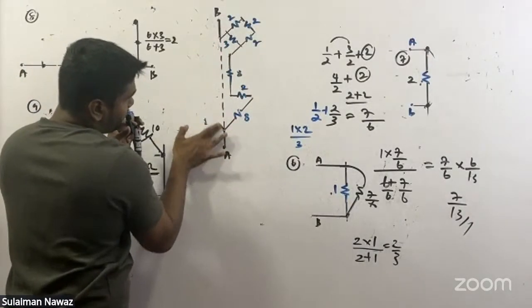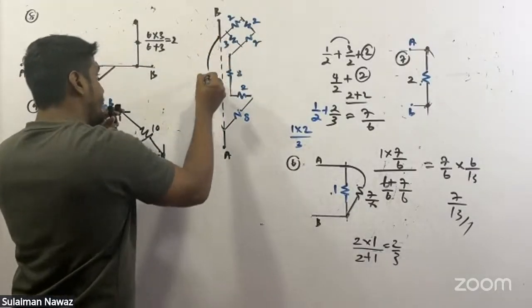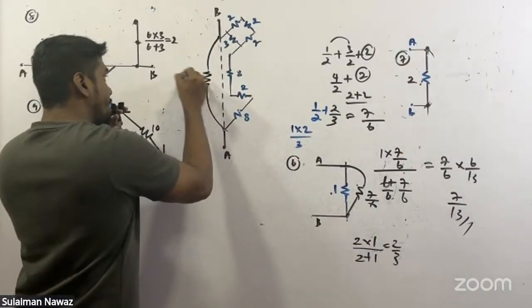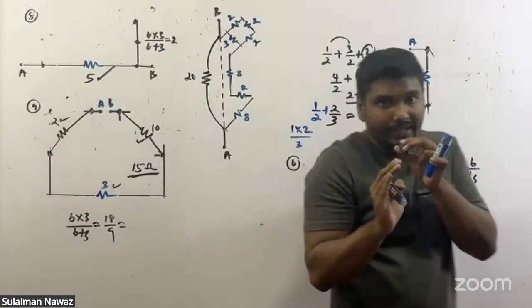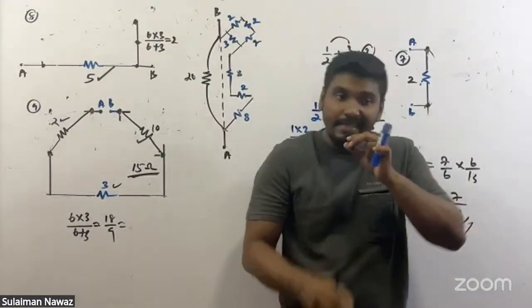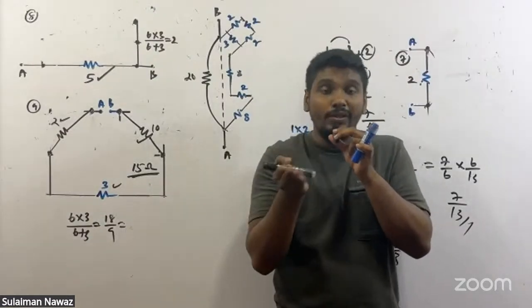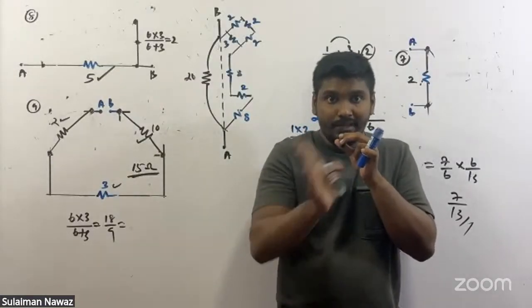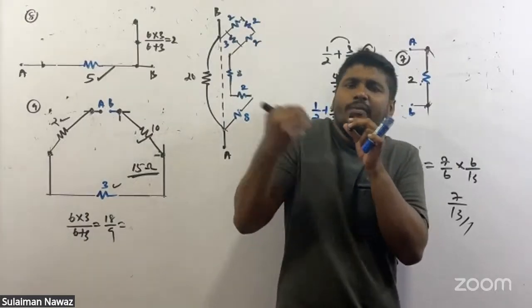So then I can write down between point capital B and point capital A, the equivalent is going to be 20. I said that if your resistor system is symmetric around the terminals A and B, if both sides from the axis AB are symmetric, find the equivalent resistance in one side.